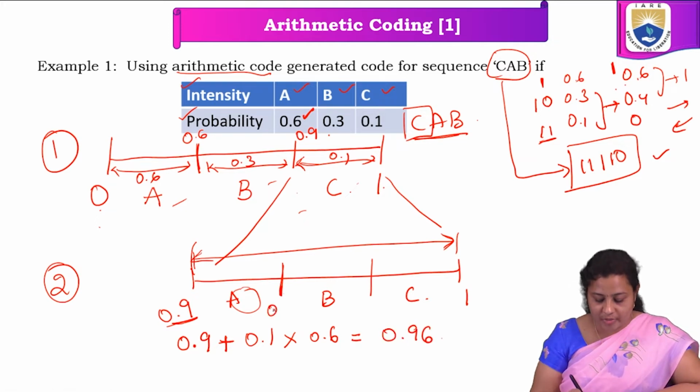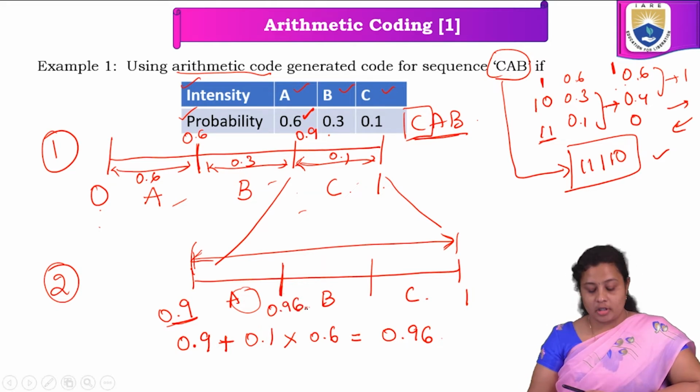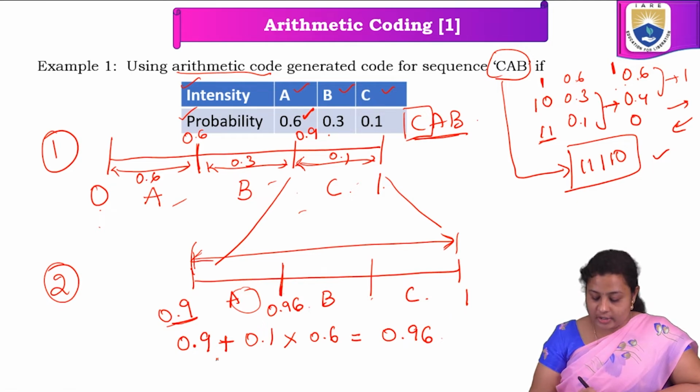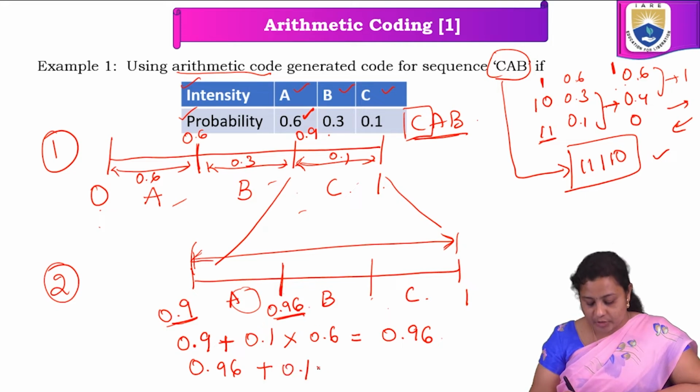Now the next subgroup range value: we get it by adding 0.96, because this is the starting range, plus the total length of my subgroup 0.1 into the probability of B, which is 0.3. That value we get as 0.99.